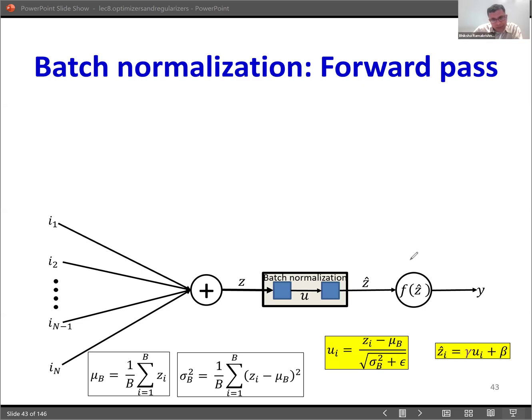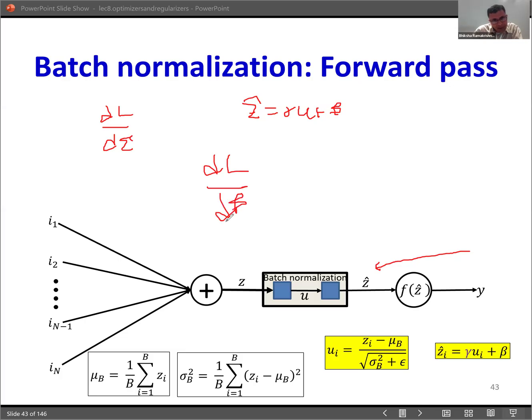As I'm coming backwards, presumably backprop has given me the derivative of the loss with respect to Z hat. But then Z hat equals gamma u plus beta. So what is the derivative of the loss with respect to beta?